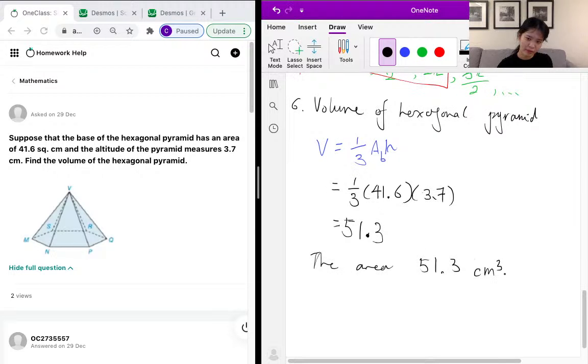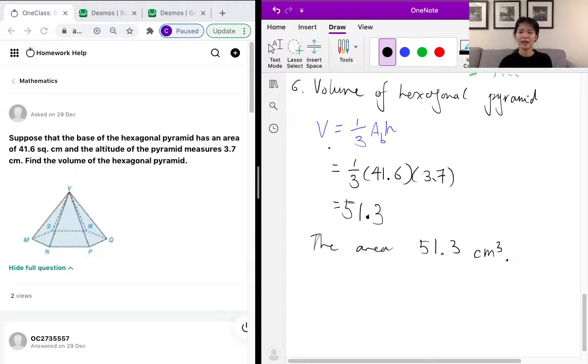Depending on which school system, usually for a word problem, you'll write down the answer in another sentence, telling them what your answer is. In this case, we have volume, which has units of length cubed, and our units here are centimeters.